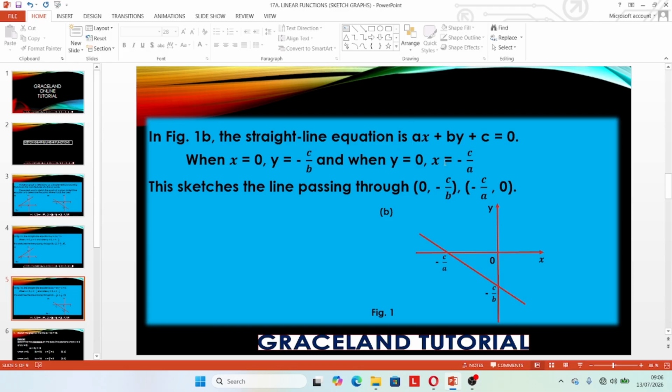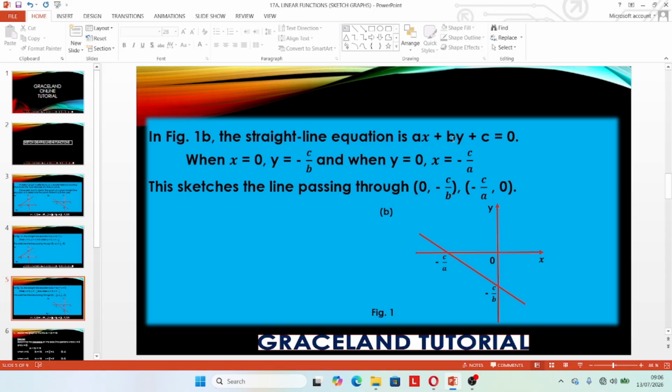In figure 1b, we apply the equation ax plus by plus c is equal to 0. If x is equal to 0, then ax is going to be 0. So you are left with by plus c is equal to 0.